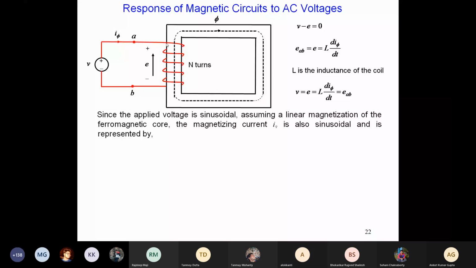magnetization characteristic. So if the voltage is sinusoidal, then the magnetizing current is also sinusoidal, and it is represented by, say, small i phi equal to root 2 capital I phi sine omega t. Why this root 2?